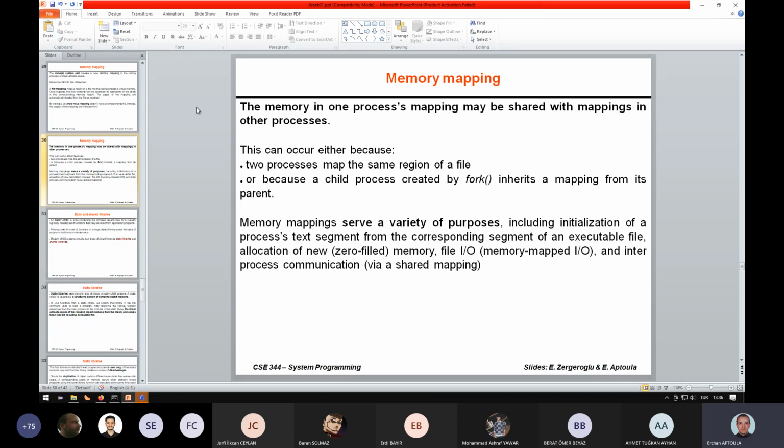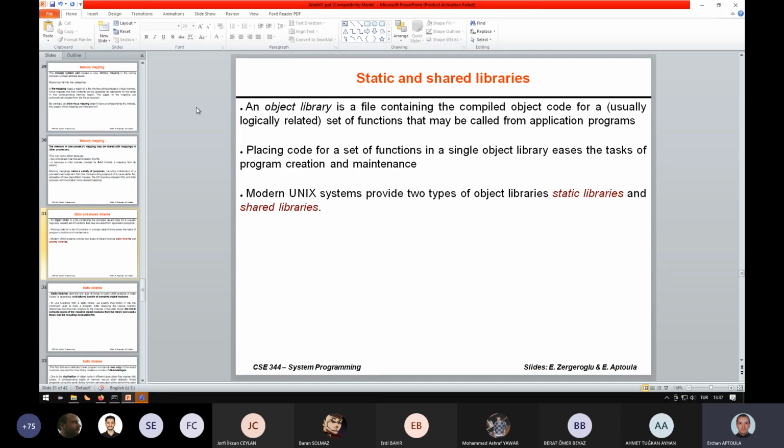If they make that request and the kernel grants it, whatever one process writes to that region, the other process can read, and vice versa. We will see that mmap can be used for this purpose in approximately 3 to 4 weeks.